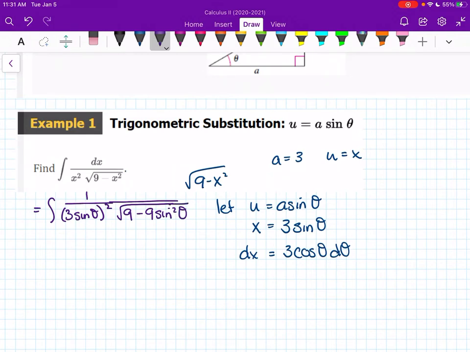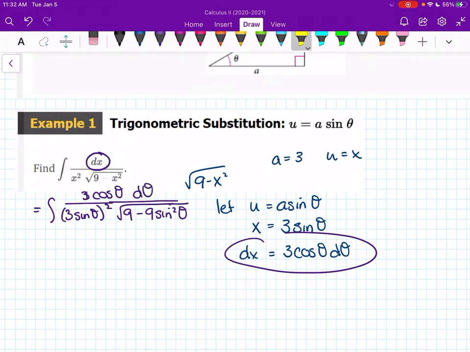And then my dx on the numerator is this. So my numerator is 3 cosine theta d theta. Okay, so lots going on here. So my dx replaces there, and then my x squared, I substituted that in. So now everything is in terms of theta.